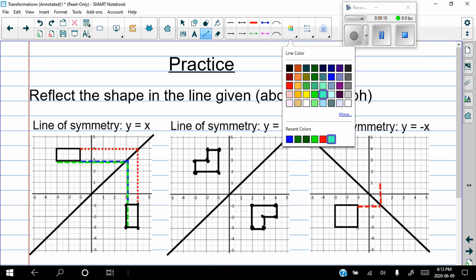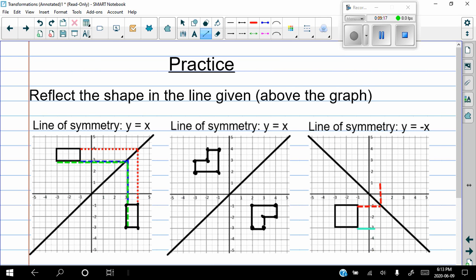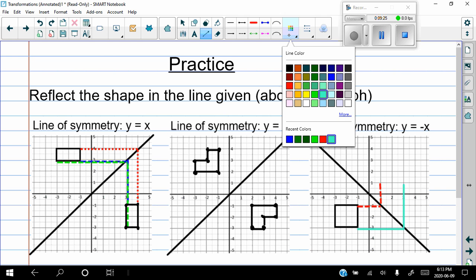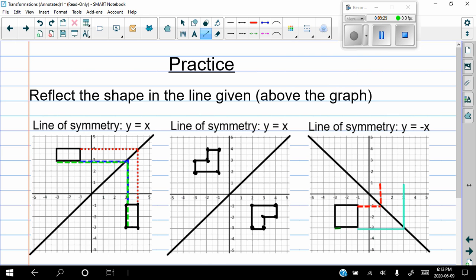So let's look at our next point clockwise. So we're 4 away. We can follow through, picking more colors as always, clockwise. So we're 6 away, so we're going to be 6 away.